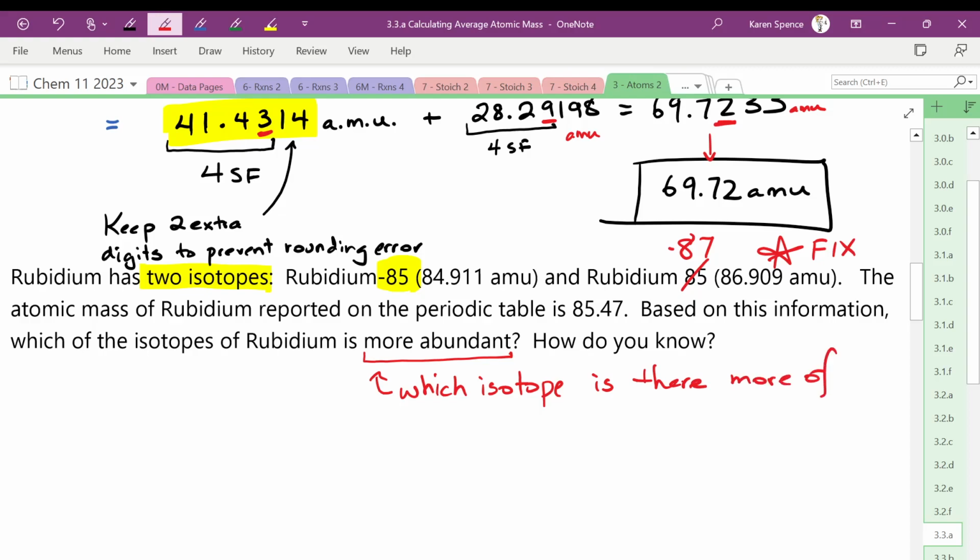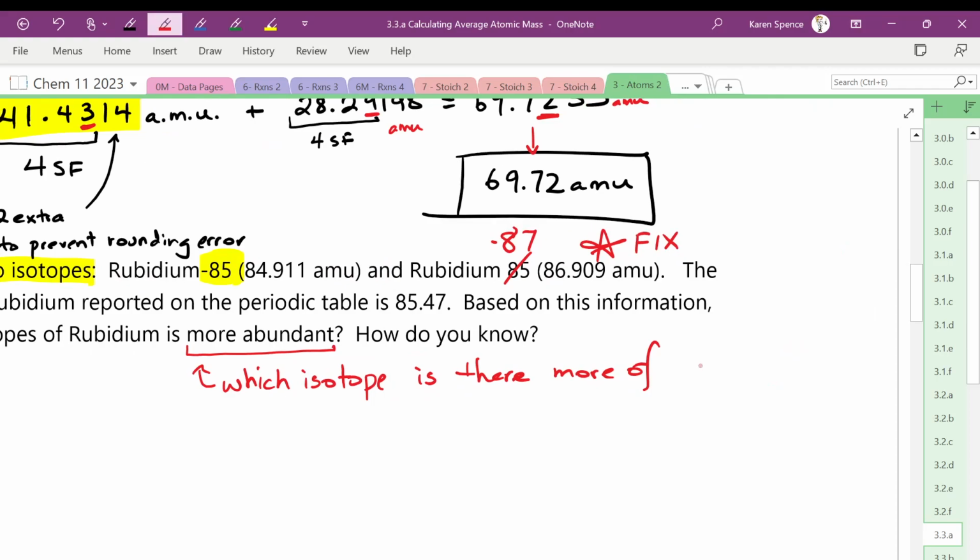And we're looking for either rubidium 85 or rubidium 87. So chat with your partner. Which of those 2 is the most abundant, and how do you know?